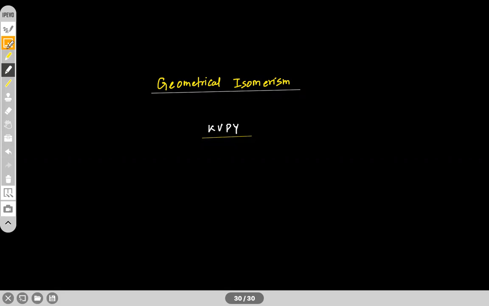Last class, if you remember, we have taken a session for isomerism itself for KVPY. I have given you the detailed classification of isomerism, how molecules are classified based on their isomeric structure or properties. So we have two different types of isomerism: structural and stereo.